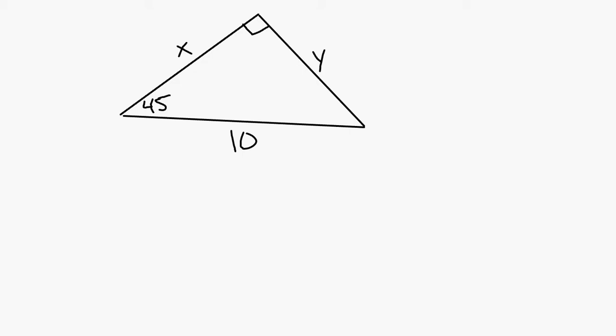If this is a right triangle, and one of the acute angles is 45, what's the other one? 45. So if these two angles are the same, then these two sides are the same. So x and y are going to be equal to each other. So x is going to be equal to 10 divided by the square root of 2.